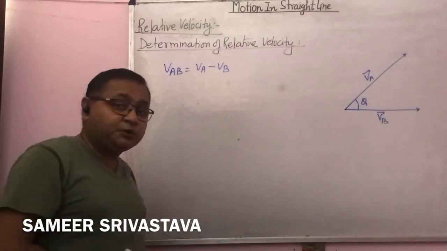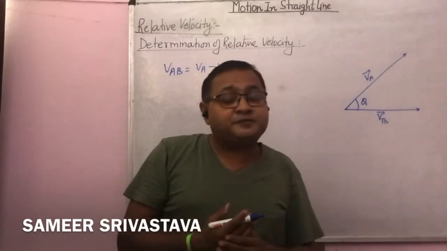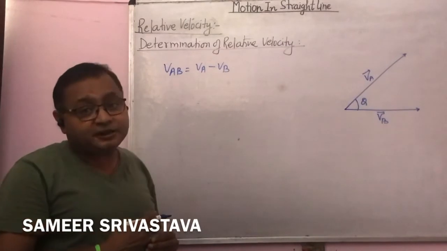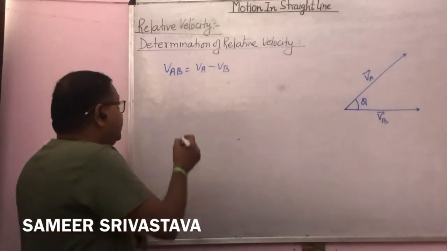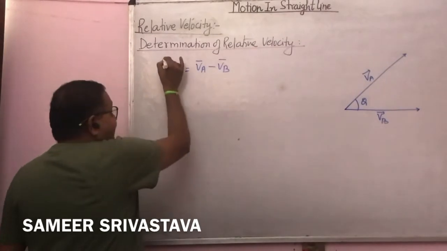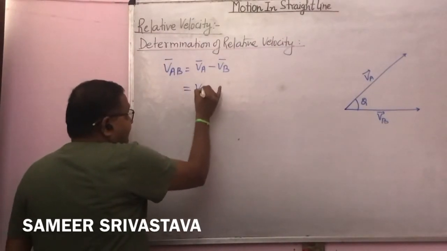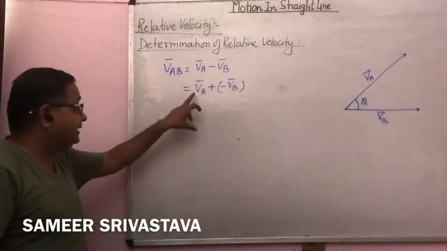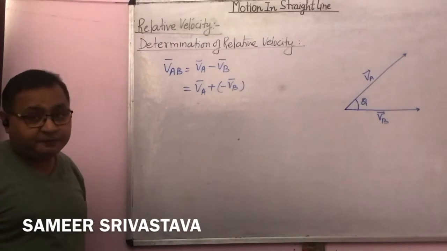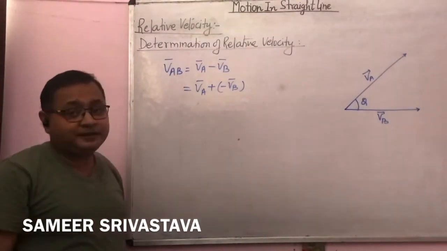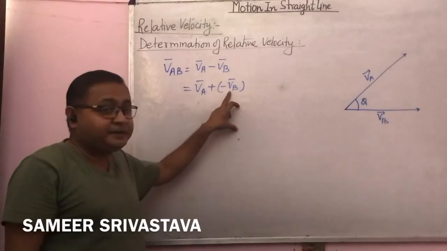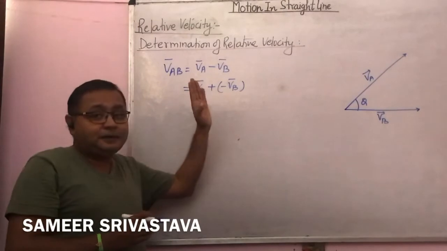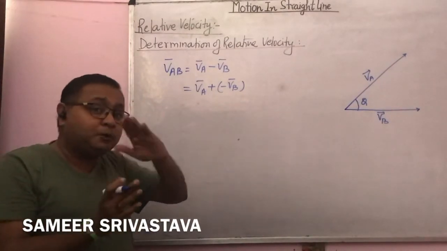but here it is vector form, and we all know there is no subtraction in vector form. Vectors follow the vector addition law, so we never subtract. So in vector form we write this equation as VA plus minus VB, for the relative motion of A and B. It means the velocity of object A plus the velocity of object B in the opposite direction.